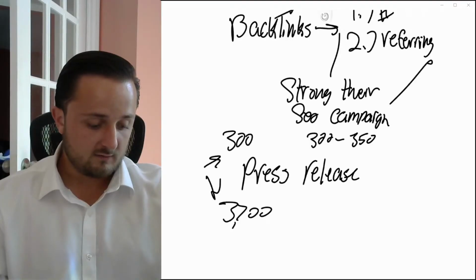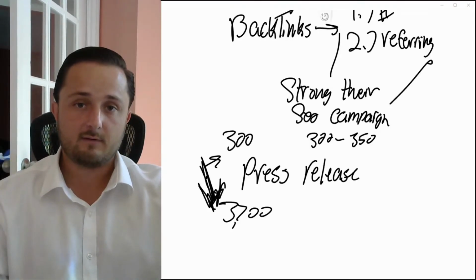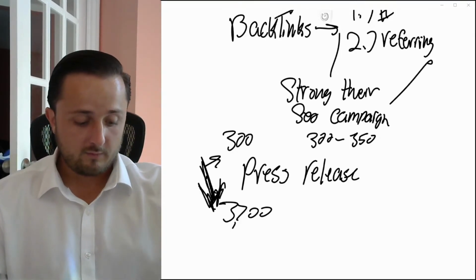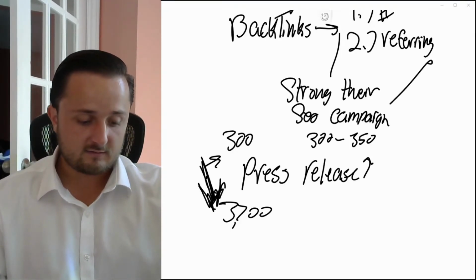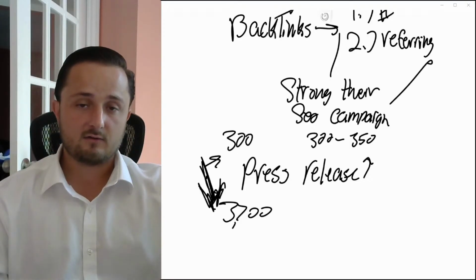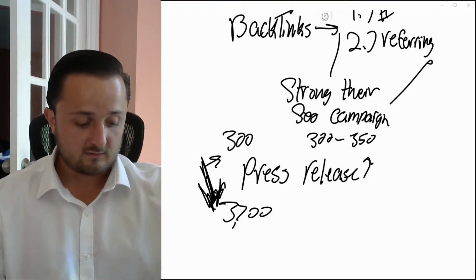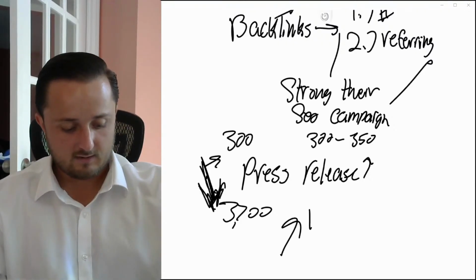This is if you wanted to do this, or we were in a super competitive environment where this is necessary. So with this press release we can instantly get to that 300 or 350 referring domains and backlinks so that we can start pushing the website to rank higher.